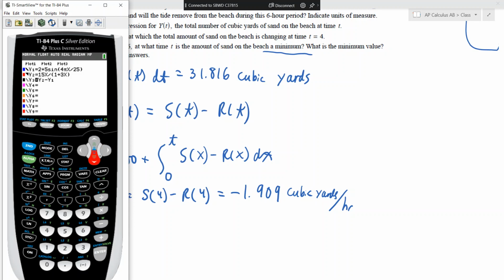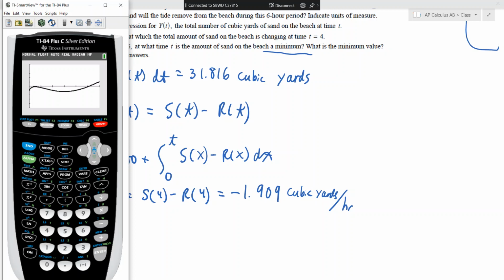Is that okay? And I only care about the window from 0 to 6. So I'm going to graph it from 0 to 6. So I'm going to go to window, 0 to 6. I'm not sure about what y should be. I'm going to leave it as negative 10 to 10 and just see what it looks like. Okay, you'll see that?